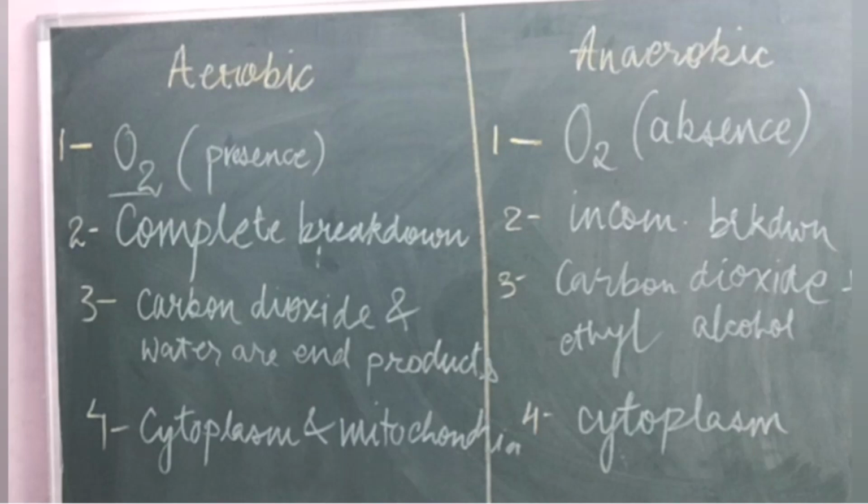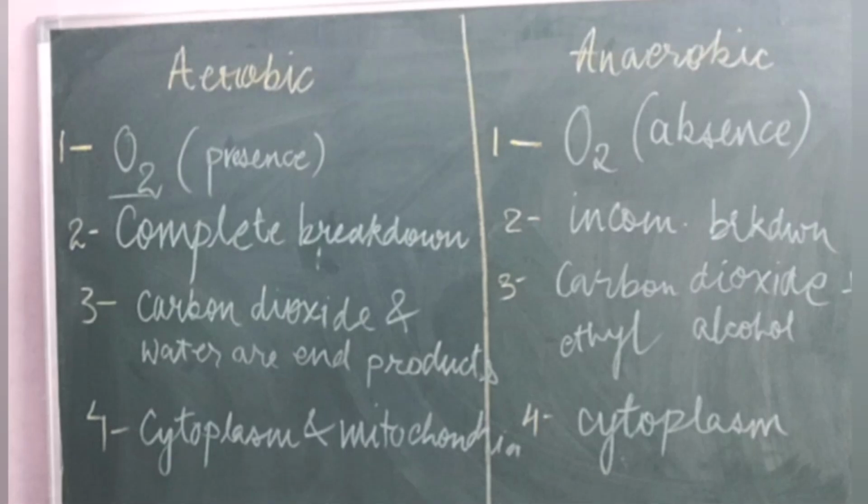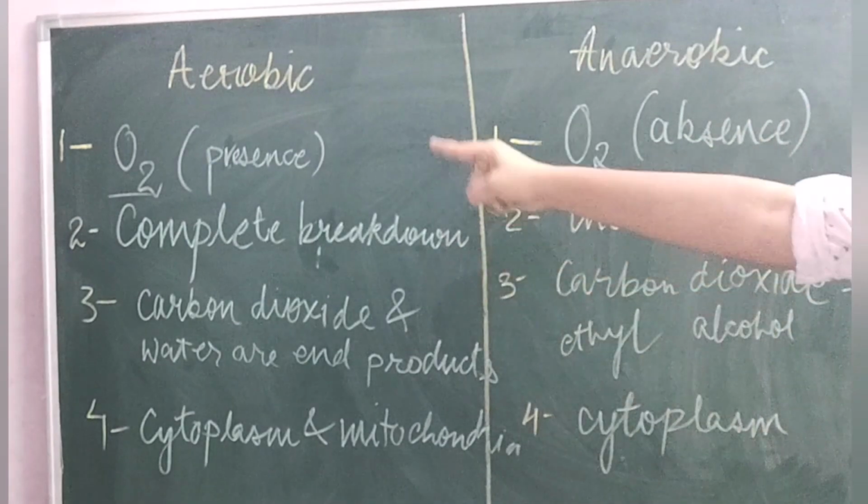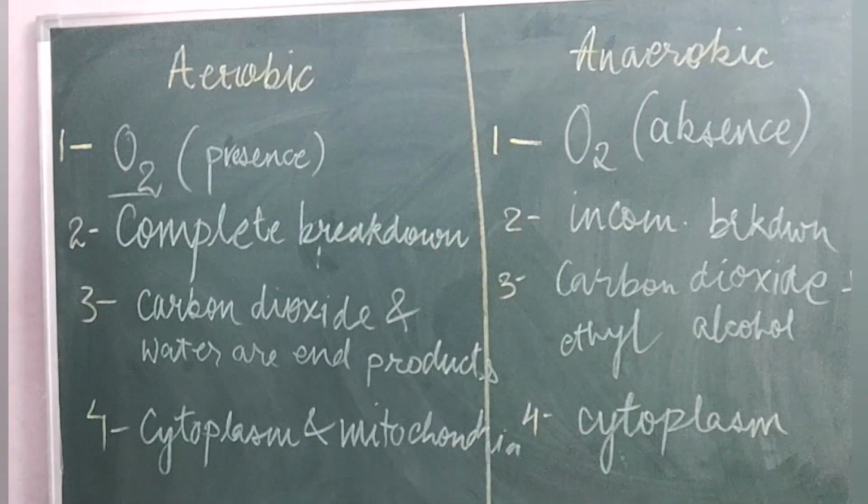The third point, carbon dioxide and water are the end products, while just opposite to this, carbon dioxide and ethyl alcohol are produced in anaerobic respiration. The fourth point, cytoplasm and mitochondria are the places where aerobic respiration takes place, and anaerobic respiration takes place only in the cytoplasm.